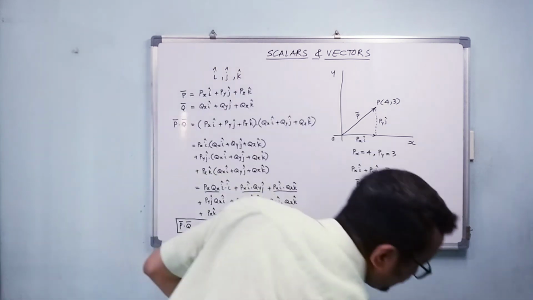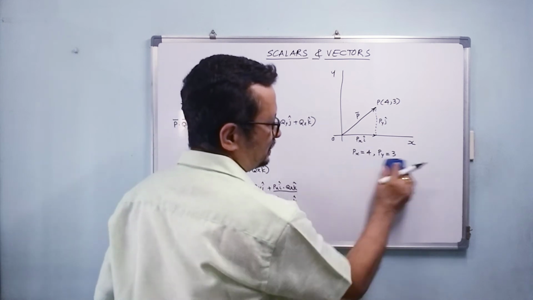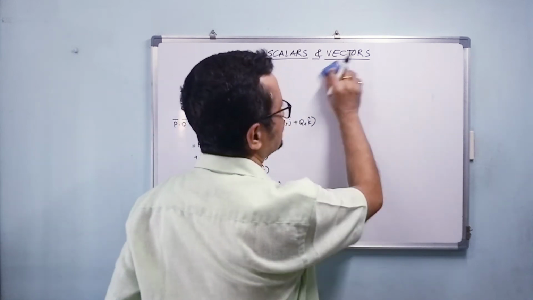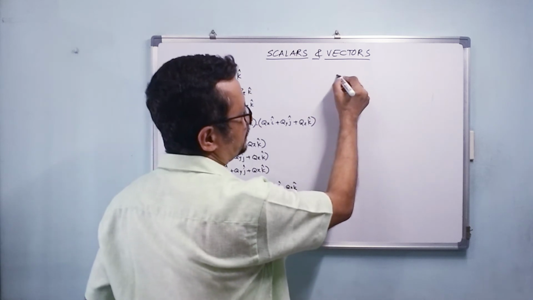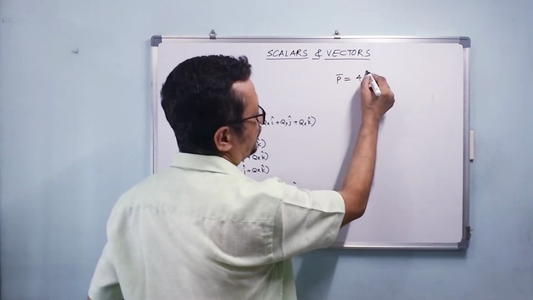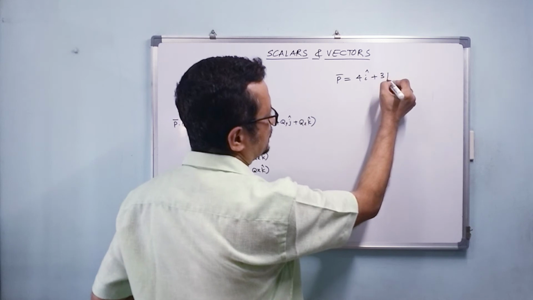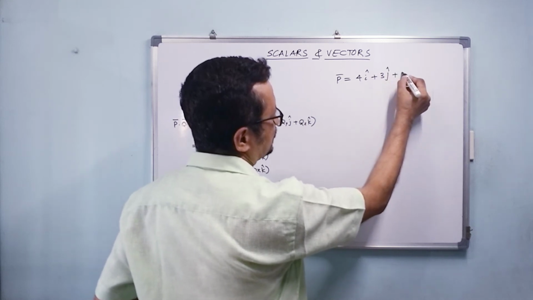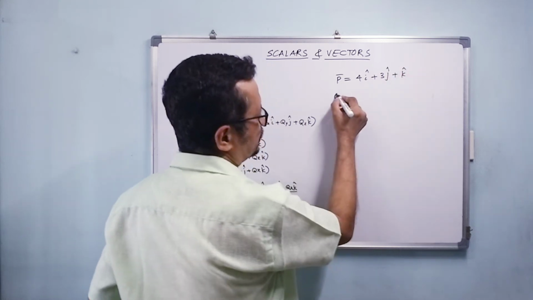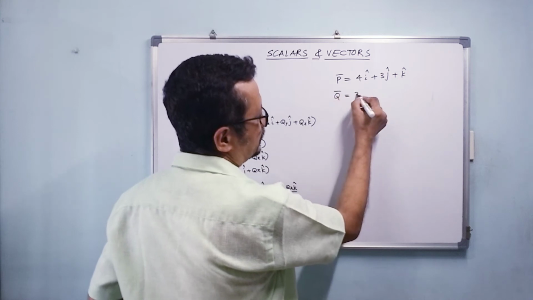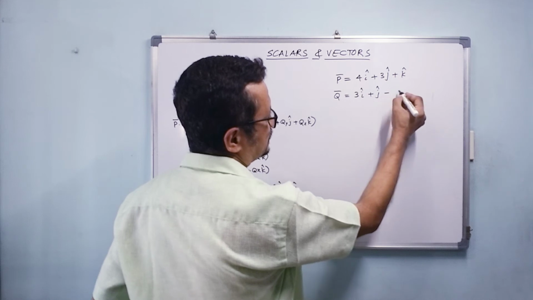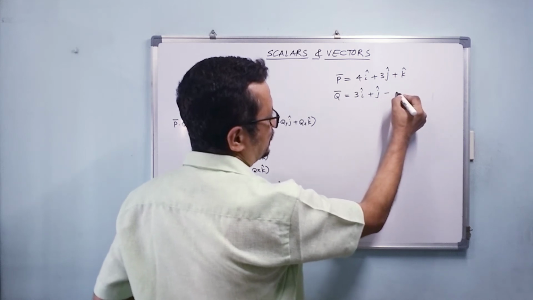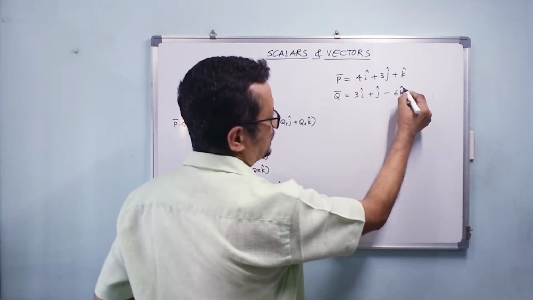So as an example here, I am just erasing this. Let us have p bar equal to 4 I cap plus 3 j cap plus k cap, and q bar equal to 3 I cap plus j cap minus 6 k cap, let us say.